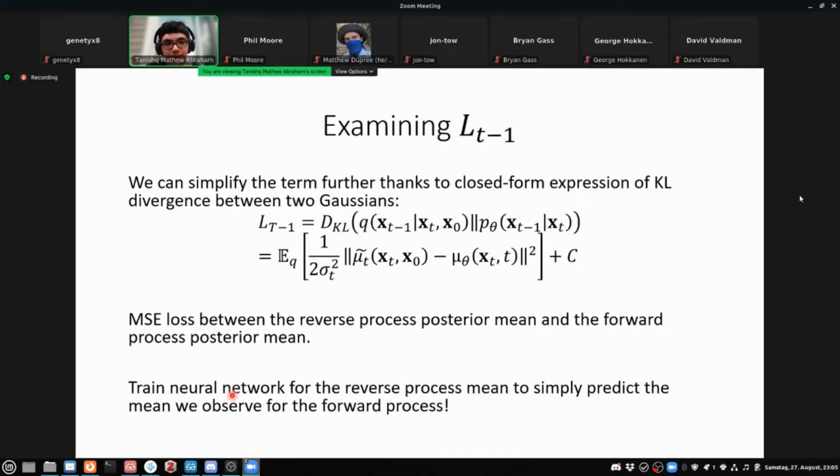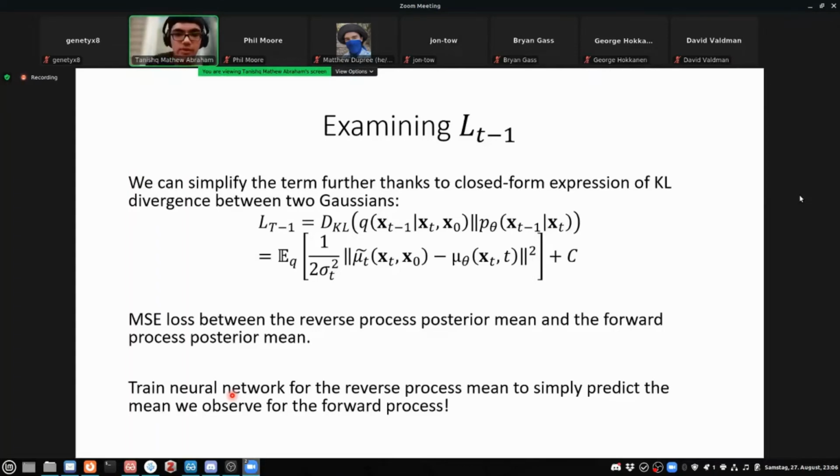As I was talking about, because there's a KL divergence of two Gaussians, and not only that, the Gaussians have these constant variances, it can be simplified to a very simple closed-form expression, where we just take the difference between the means of these two distributions, the squared difference, and then there's also a constant, which we can ignore for optimization purposes. So we get this very simple term because of all the assumptions that we make in terms of it being Gaussian and the variances.